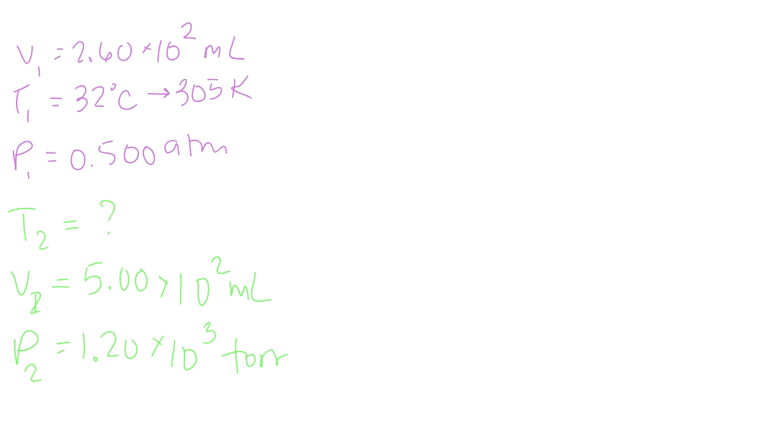So we already went ahead and converted our Celsius to Kelvin, but there's one more thing that we need to do. Look at the information that's given to us. Is there anything else that we need to change before we plug into our equation?